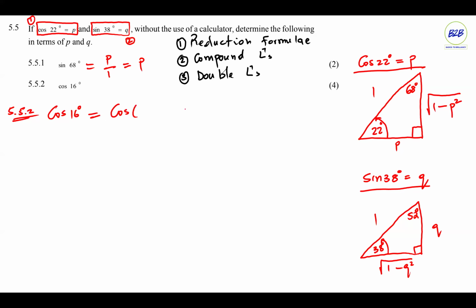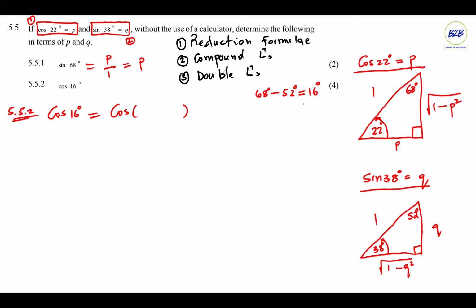How? We must go to these two diagrams and find angles that we can add so that we can get 16 degrees. And that would be 68 degrees minus 52 degrees. You press that on your calculator, you will get 16 degrees.